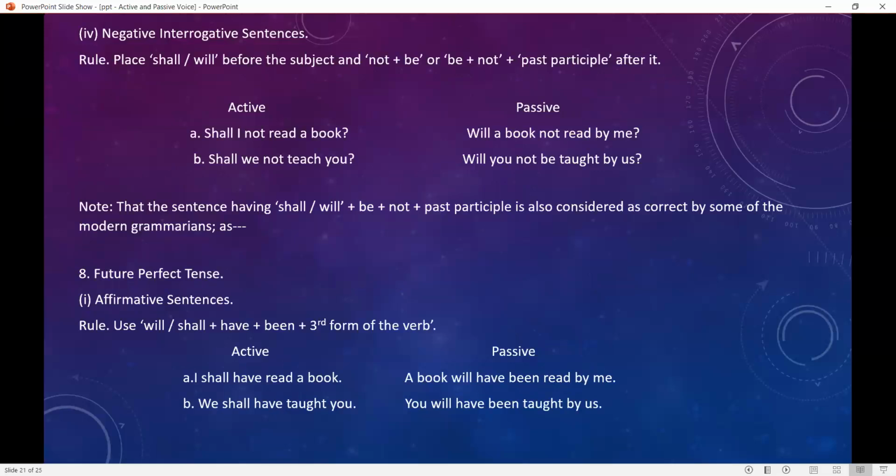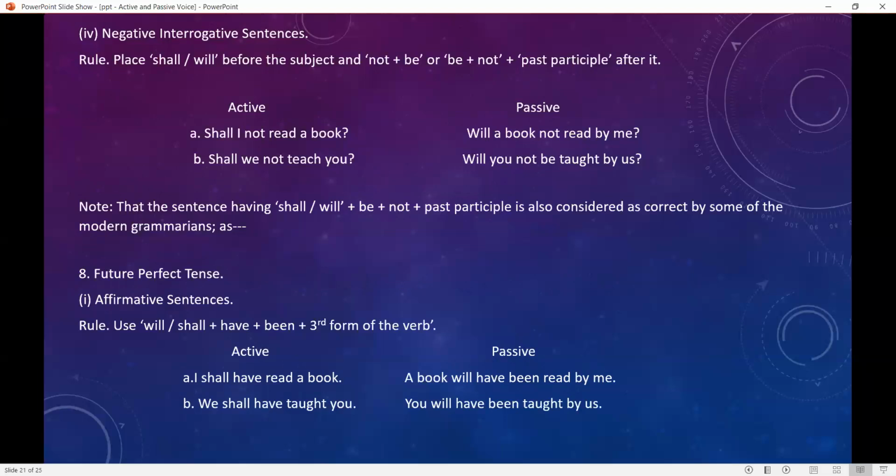The negative interrogative sentences. The rule is to place shall or will before the subject and not plus be, or be plus not plus past participle after it. Now here there is a slight change with the placing of not be or be not.